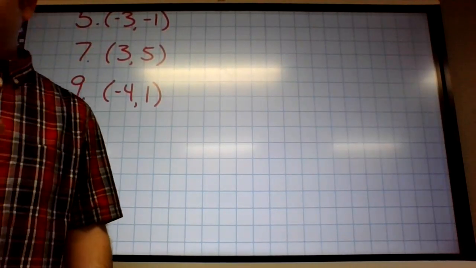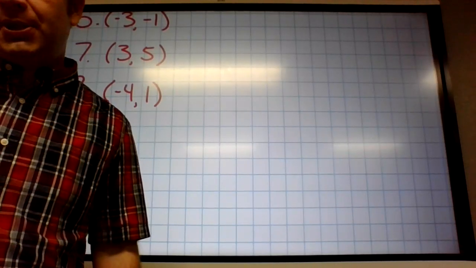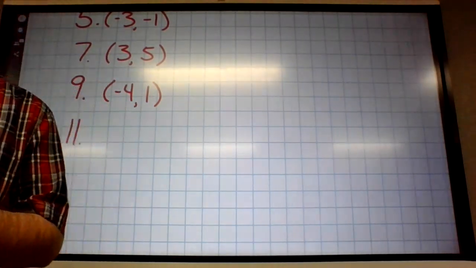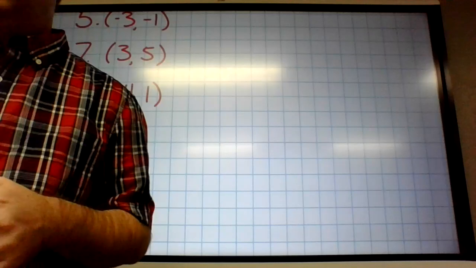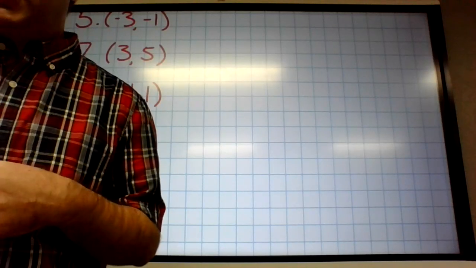Okay, number 11. Let's see. Trace, where is G at? G actually goes 7 to the left. I was wrong. I meant the edge of the graph is -7.